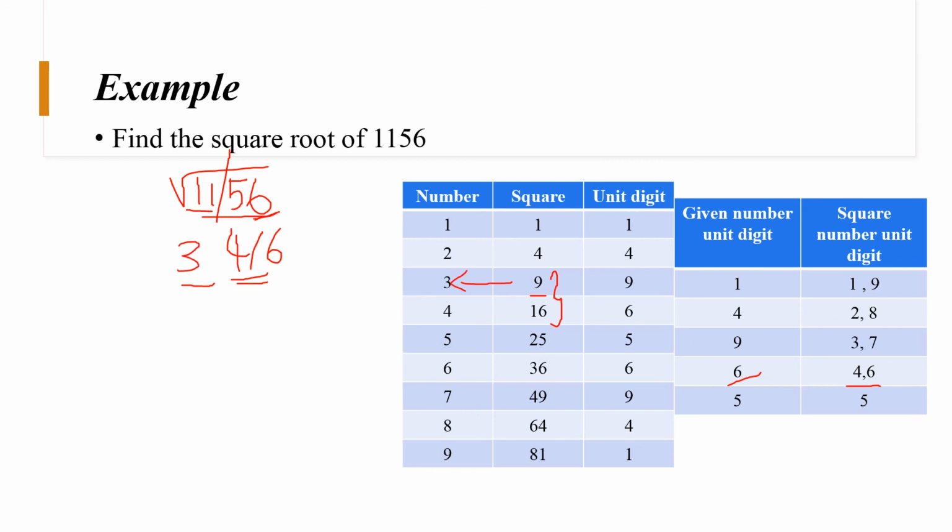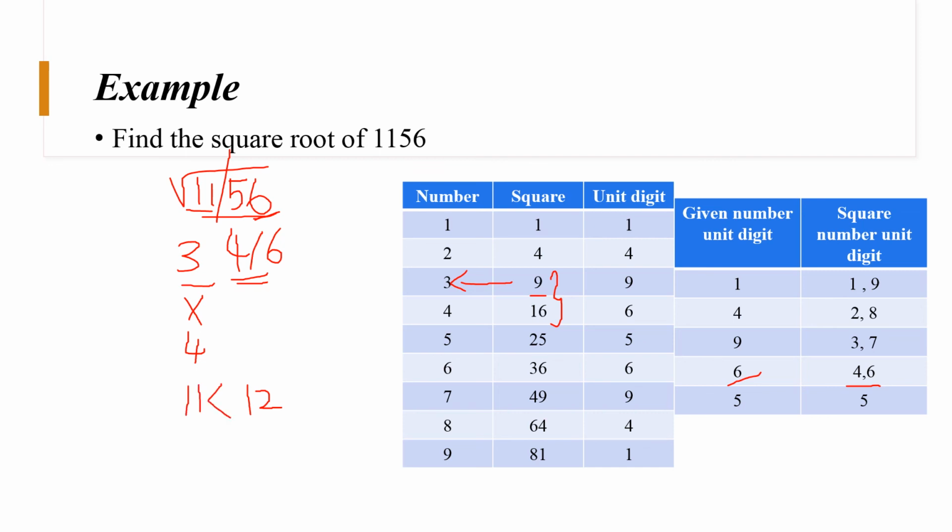Next step, we want to know whether 4 or 6 comes here. For that, first you need to multiply the tens digit with the next number, that is 3 multiplied by 4. 3 multiplied by 4 gives you 12. And check whether this 12 is greater than or equal to the remaining number, that is 11. Okay, 11 is less than 12.